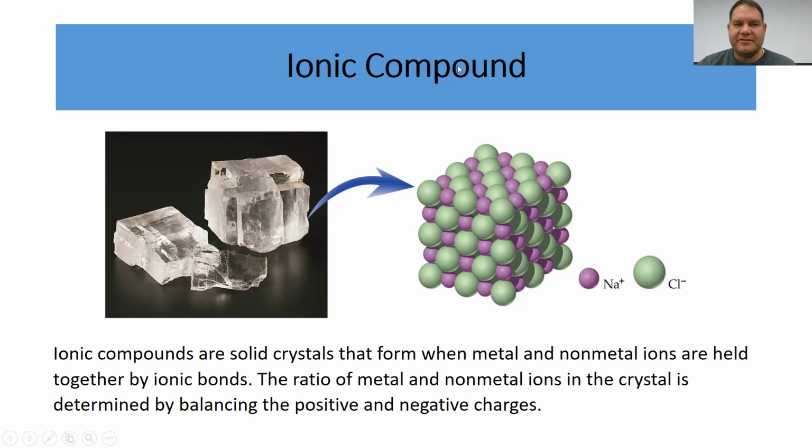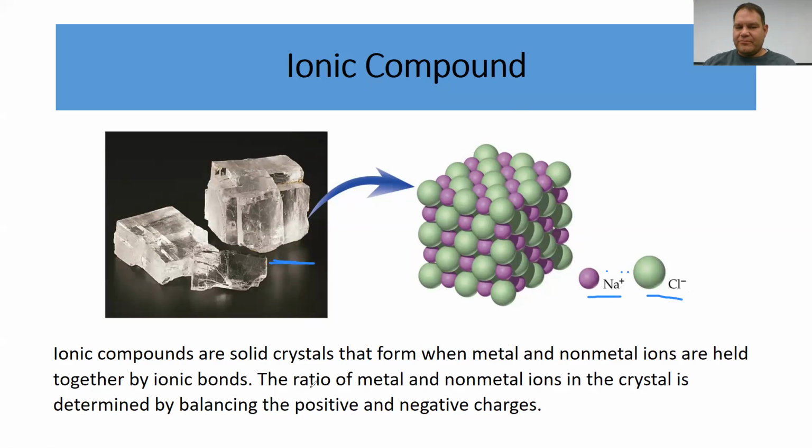So here we kind of got the idea of, here's the sodium chloride crystals made out of sodium ions and chlorine ions. They attract by themselves, forming an ionic bond. But if we got tons of these sodiums and tons of chlorines, they're going to all form these ionic bonds between them, creating this nice crystalline structure, solid crystal, that we call an ionic compound, okay?